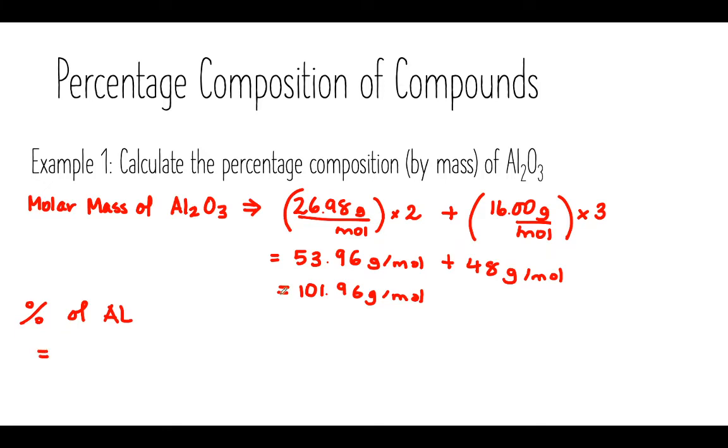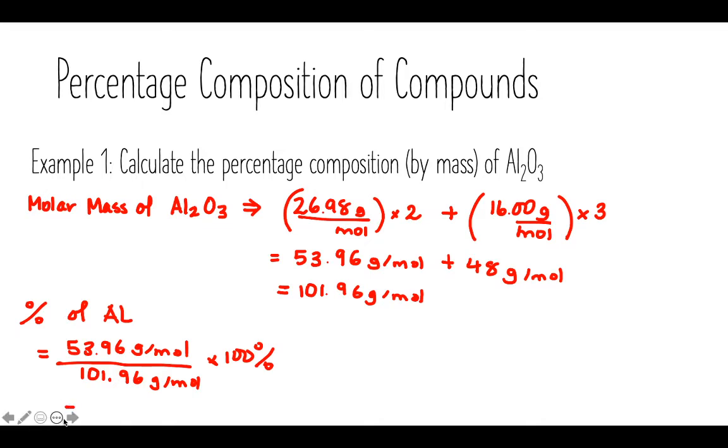So let's do this. 53.96 grams per mole divided by 101.96 grams per mole times 100%. And when I do this, 53.96 divided by 101.96 times 100 will give me 52.92%.